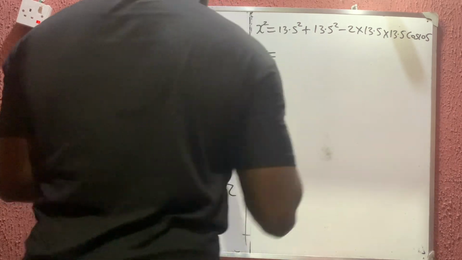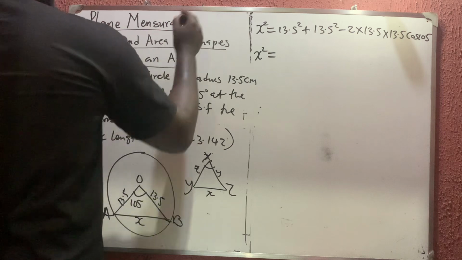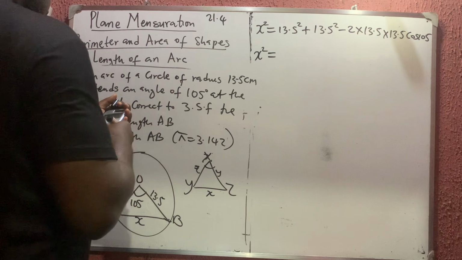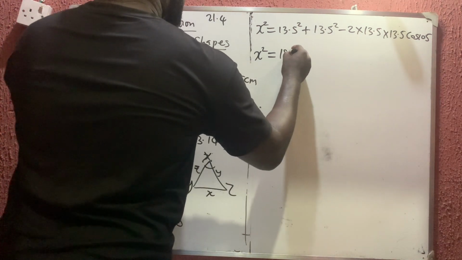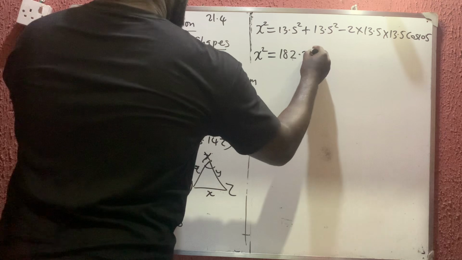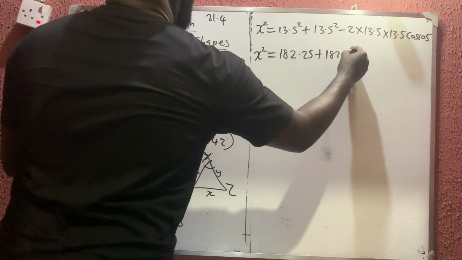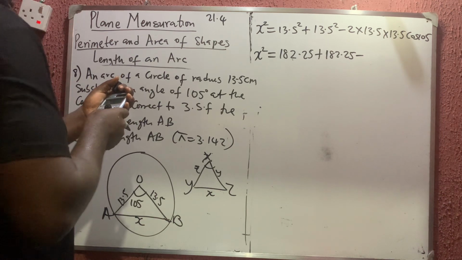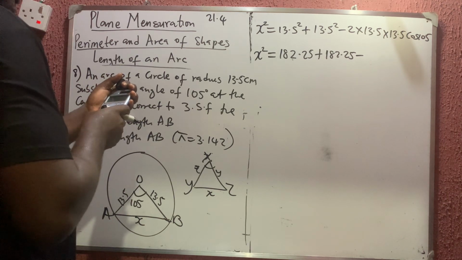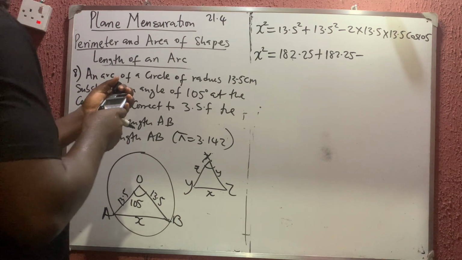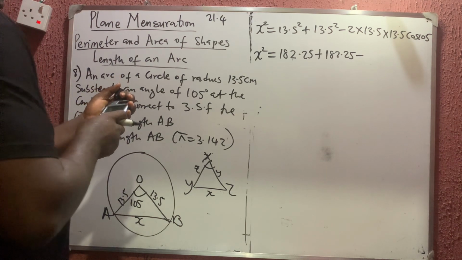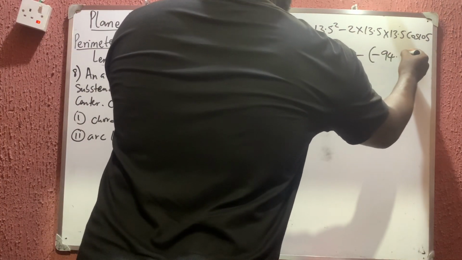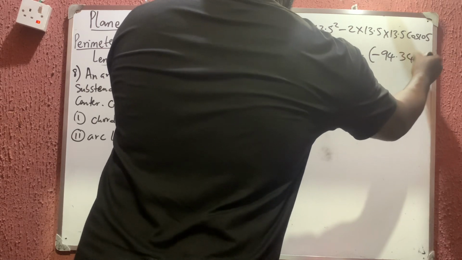My x squared is going to be, don't forget we got 21.4. Let's see. 13.5 squared gives me 182.25, plus the same 182.25, minus 2 times 13.5 times another 13.5, then cos 105. So everything there is minus 94.34, approximately.